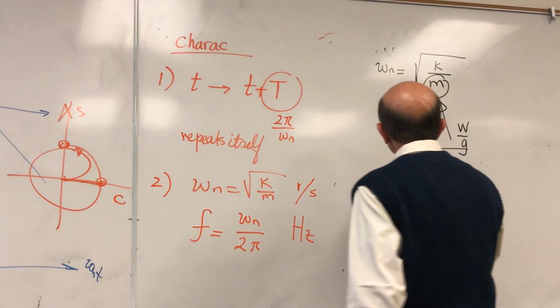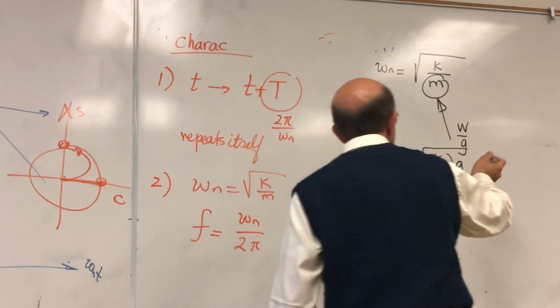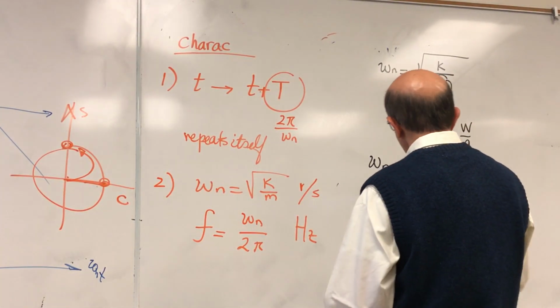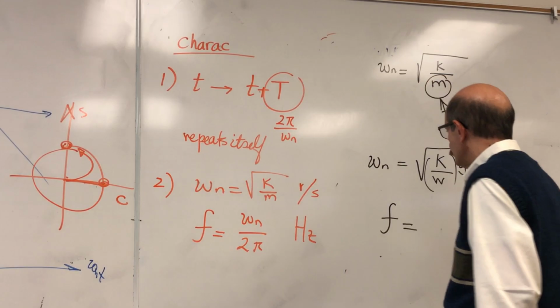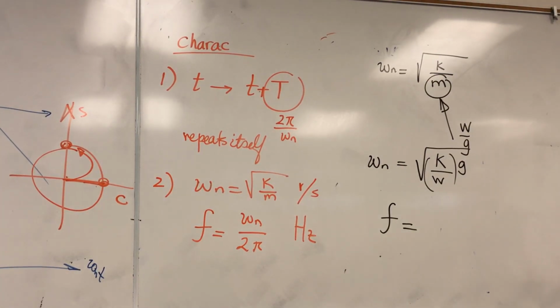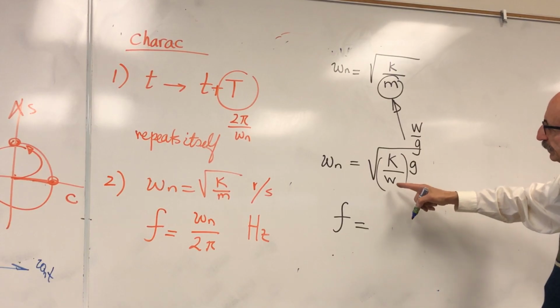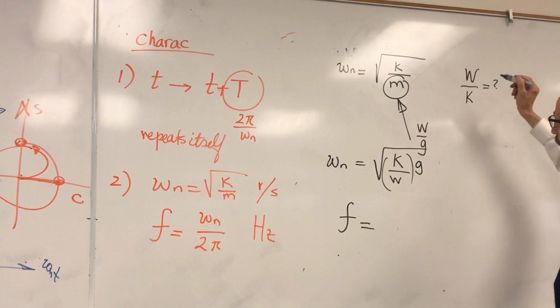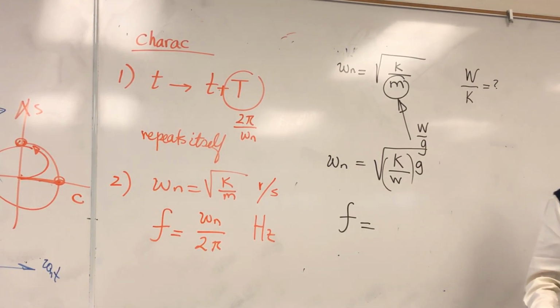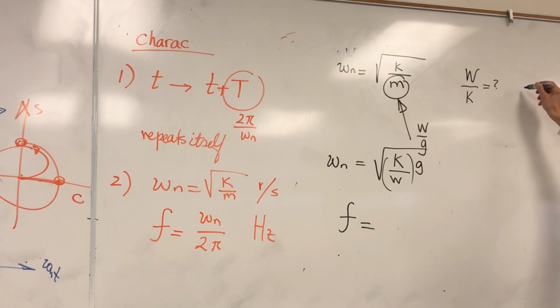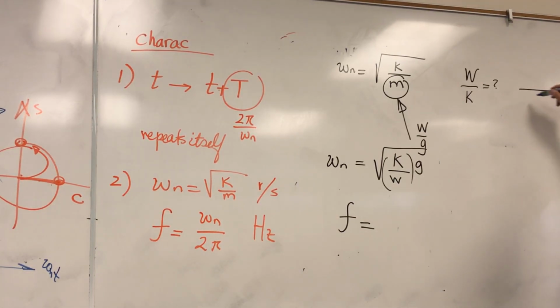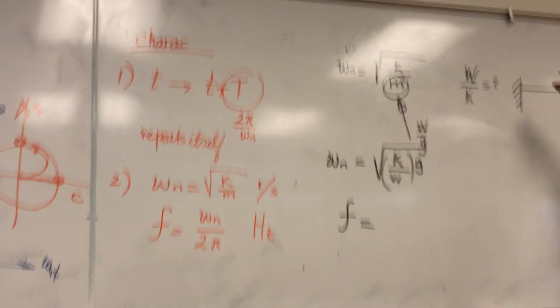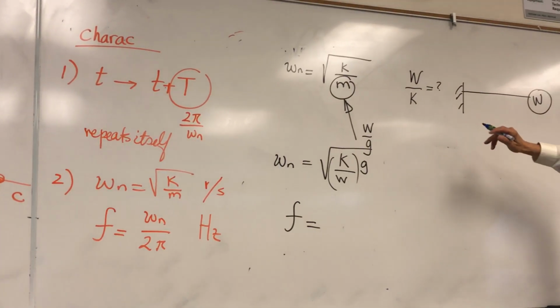But what is the meaning? Or let me write this also in terms of the Hertz formulation. But before doing that, let's look at this. What is K over W? What is W over K? W over K, what does that mean? If you have a beam with a lumped mass of W, in other words, the total mass of the beam is lumped here, what is this?